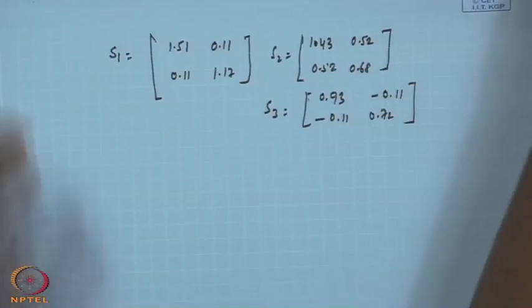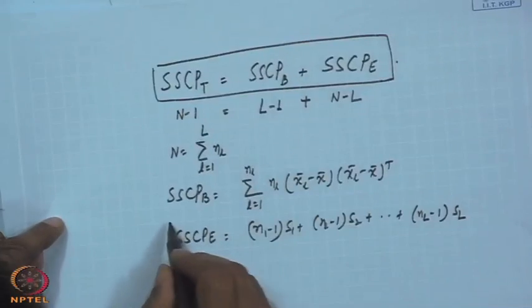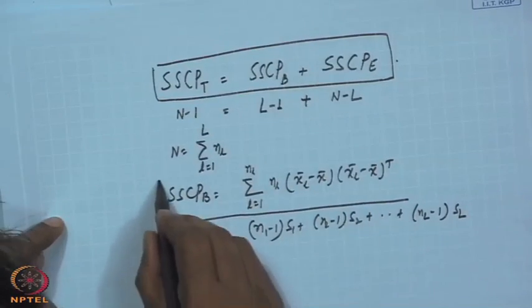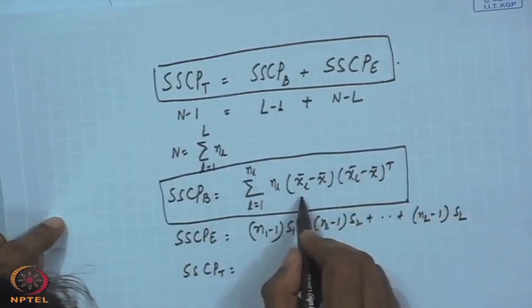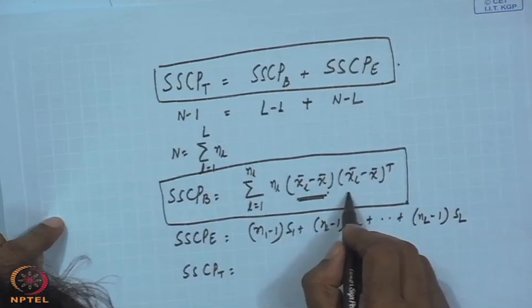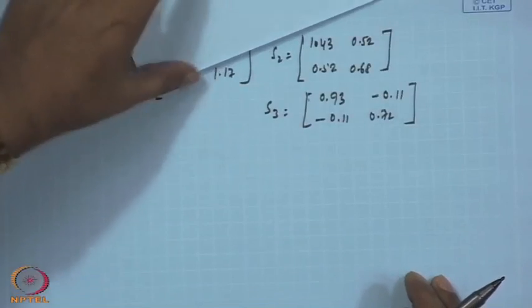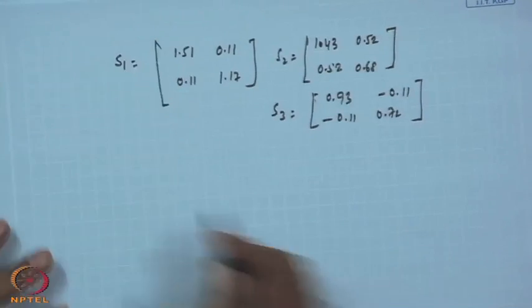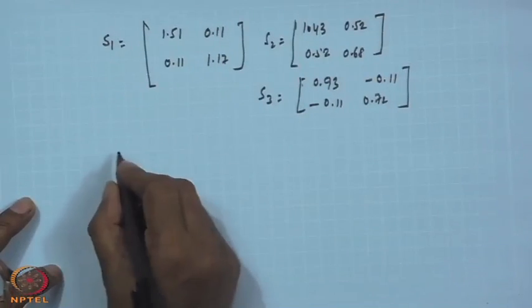Now, we want to calculate SSCP B first. If you need to calculate SSCP B, you require x_l bar minus x bar and its transpose to be multiplied. So, I am writing the formula.